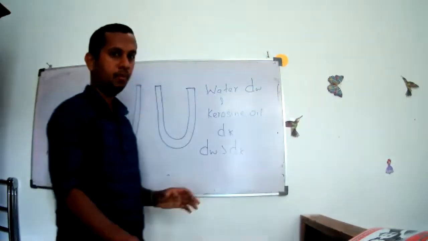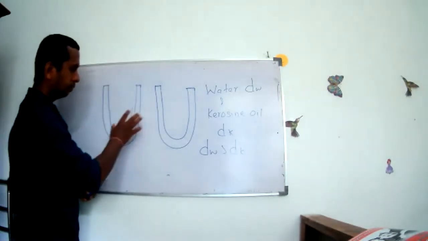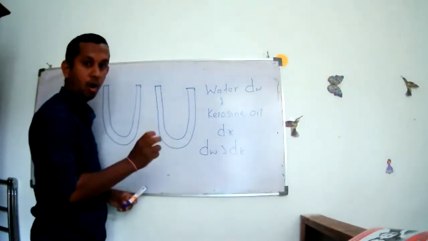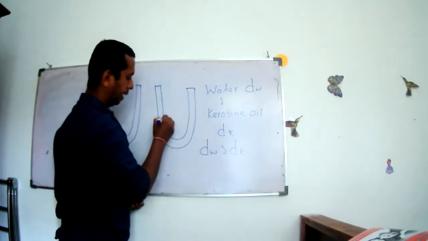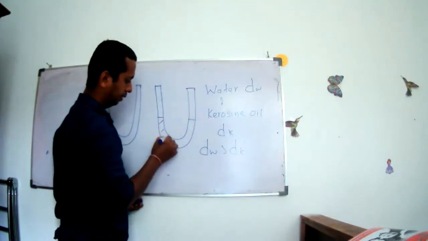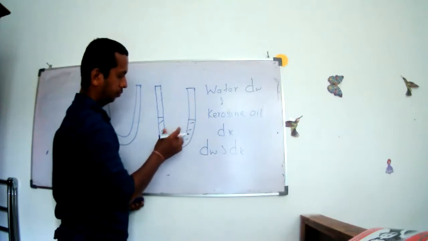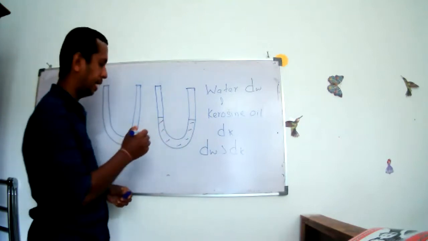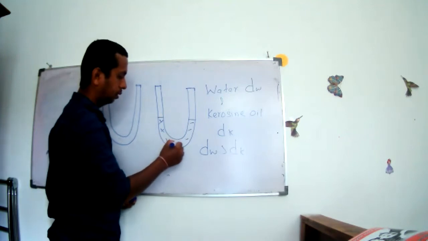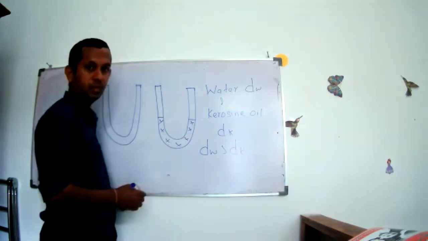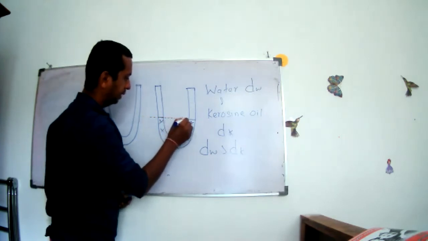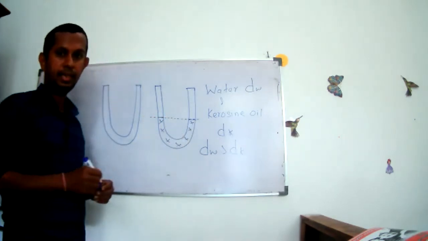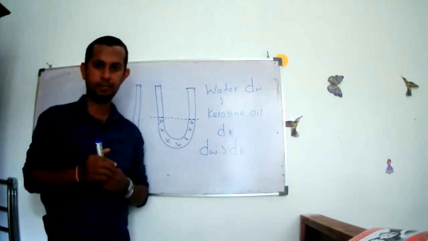So now I am going to pour water to one side of the arm. Once I pour water here, what happens? The water amount is going to be shared between both columns. Here the water levels are equal on both sides.